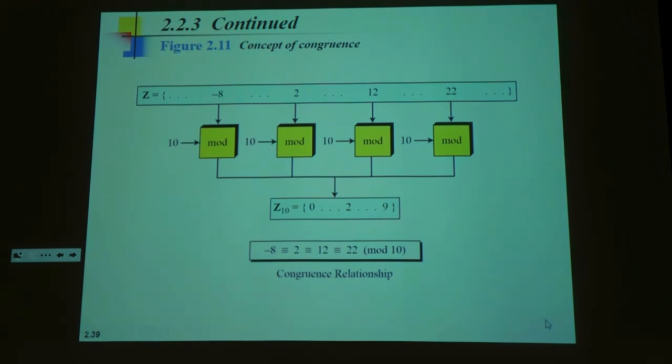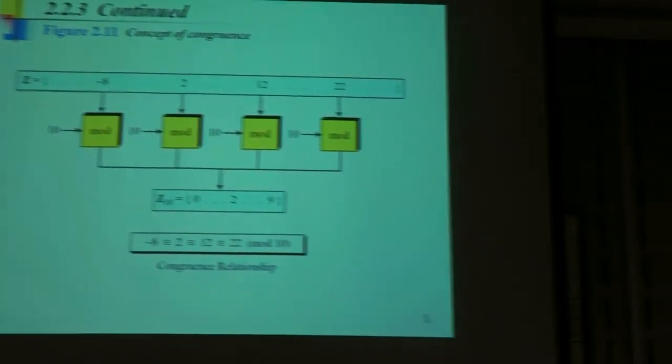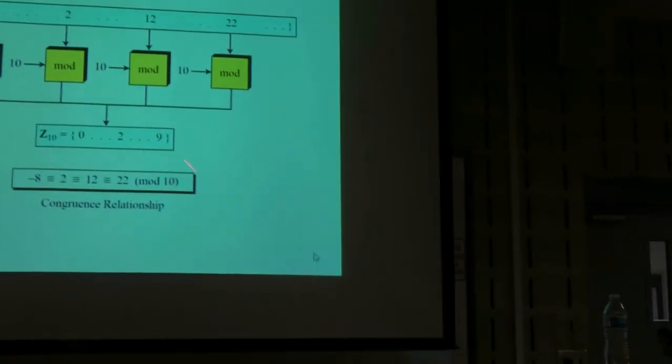Z10 will give you from 0 to 9, but 22, 12, 2, minus 8, whatever, they are all congruent. So now we learned about congruence. We have two characters, and congruence has to be in reference to one.